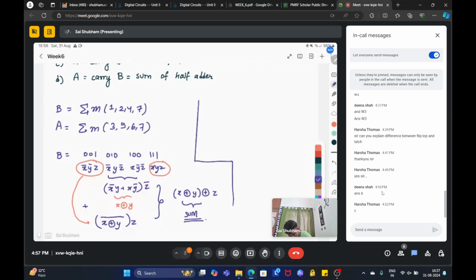Now A is 011, 101, 110, and 111. So this is x bar y z, x y bar z, x y z bar, and x y z.